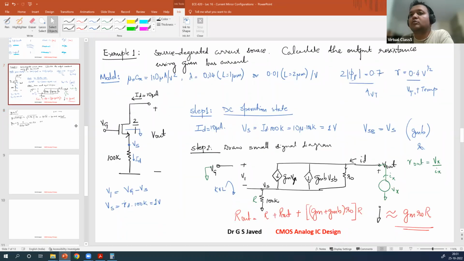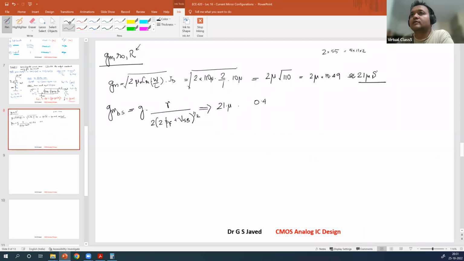Then 2πf is 0.7, divided by 2 times 0.7 times VSB. VSB is Vs. Vs is 1 volt. Whole square root. So that would be 21 micro into 0.2 divided by square root of 1.7.